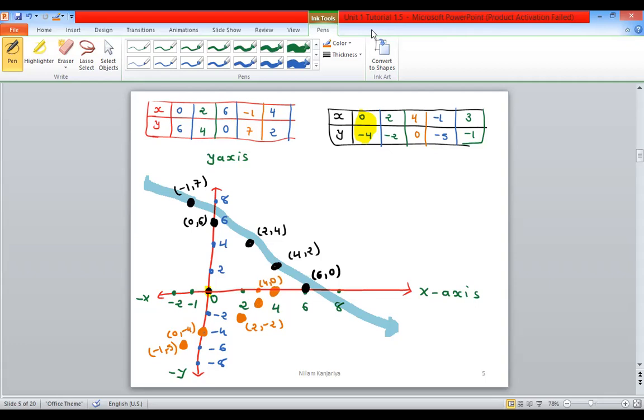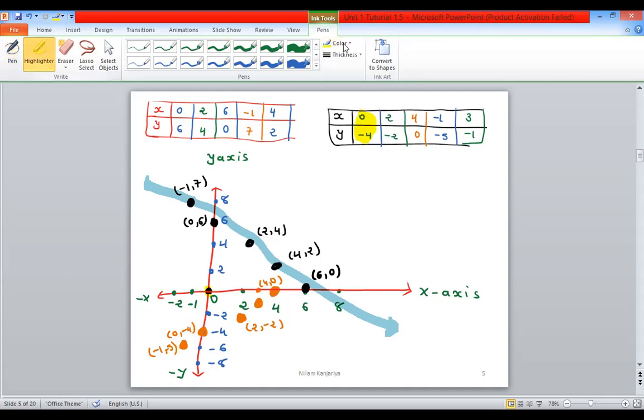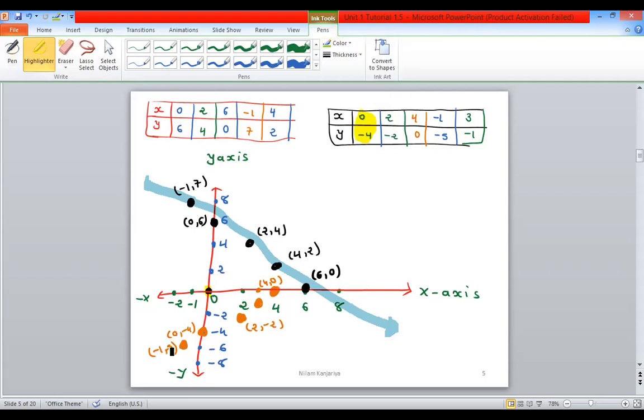Join these points. If you join all these points correctly, you get two lines. Okay, students, exactly you got two lines, but you must use graph paper, not draw randomly like me.